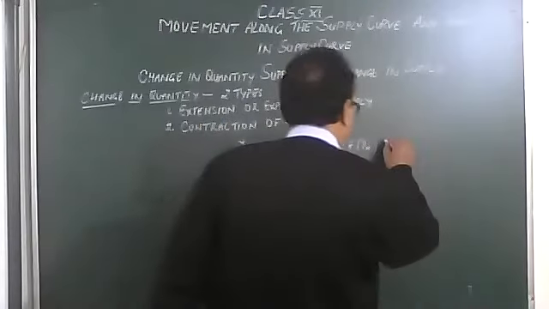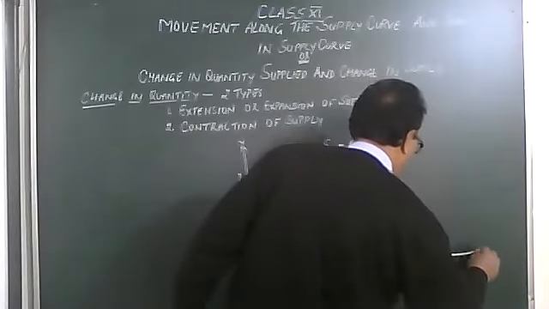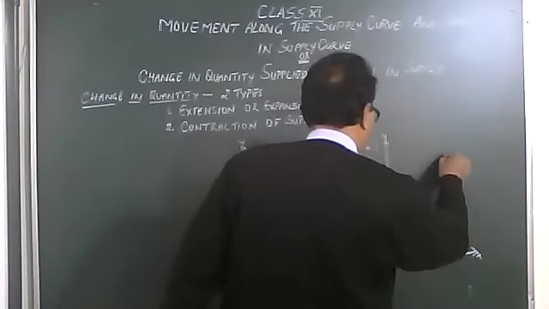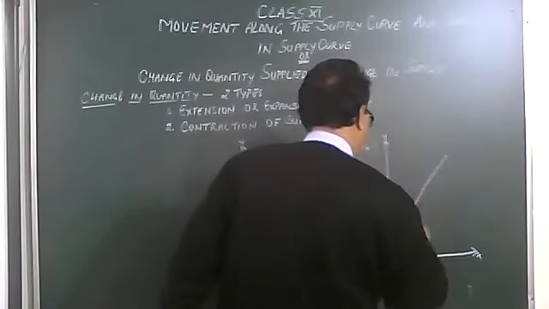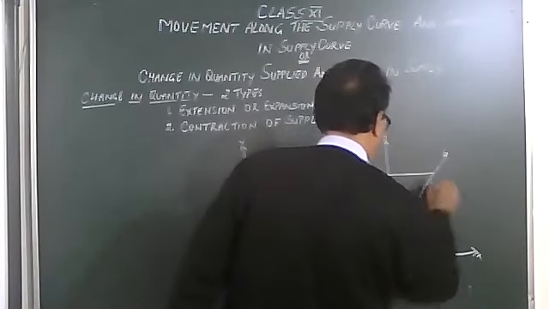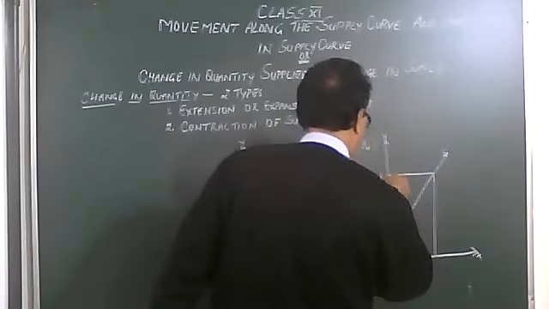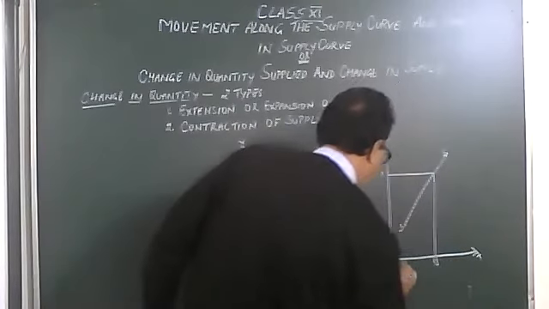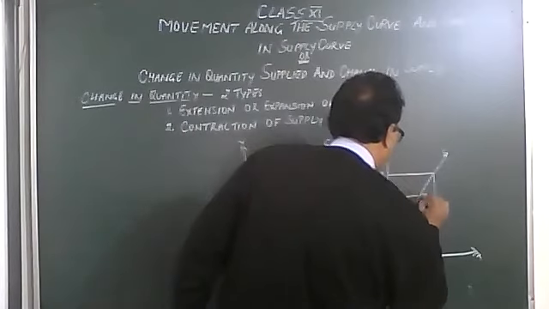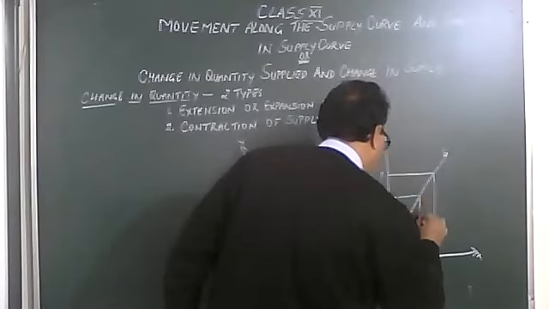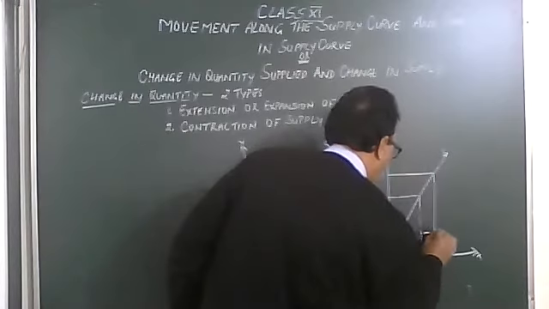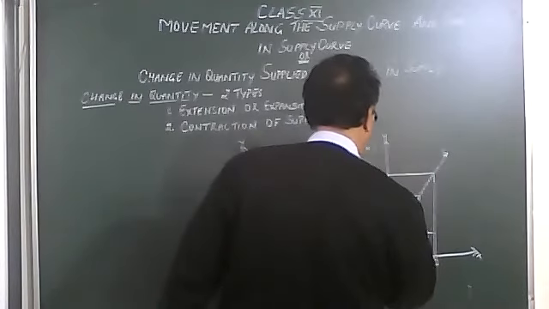And the diagram would be: x-axis, y-axis, the supply curve. This was the price, this was the quantity. The price decreases, and there will be a decrease in quantity.